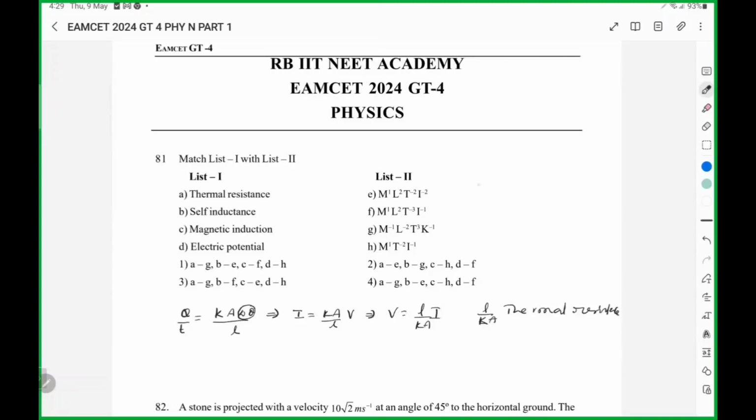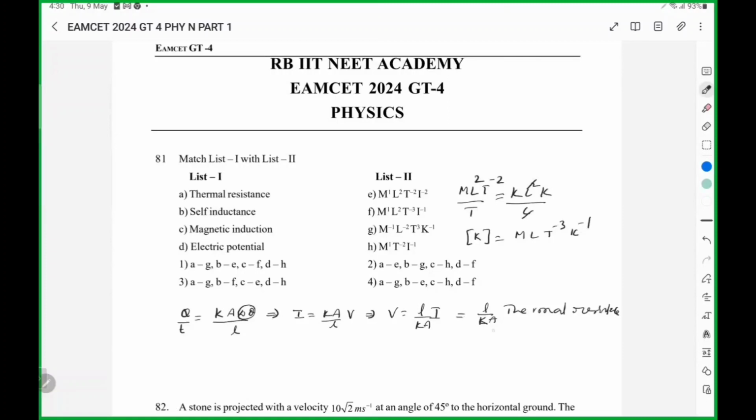So here, the coefficient of thermal conductivity: Q equals K A delta theta by L, where delta theta is the temperature difference. The dimensional formula of the coefficient of thermal conductivity is M L T^-3 K^-1.